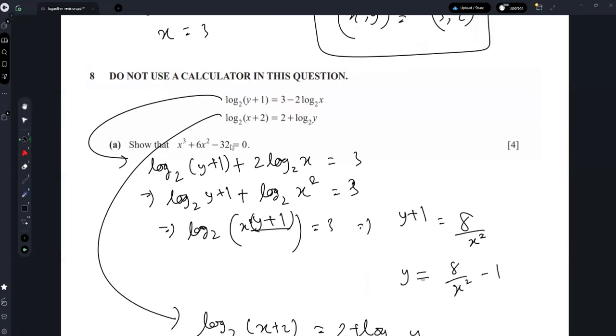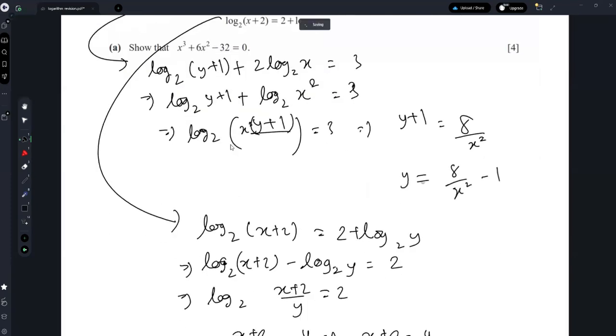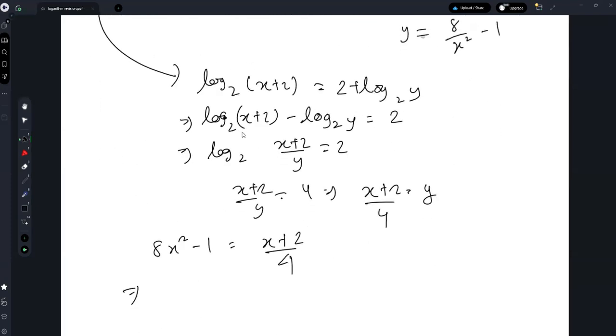If that's the case, we save this, otherwise I'm going to be at a huge risk. Okay, so now it's going to be 8 by (x squared minus 1). So if that's the case, I can say this is going to be 8 minus x squared equals (x cubed plus 2x squared) by 4.